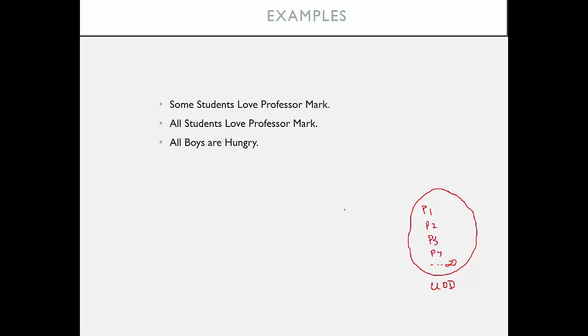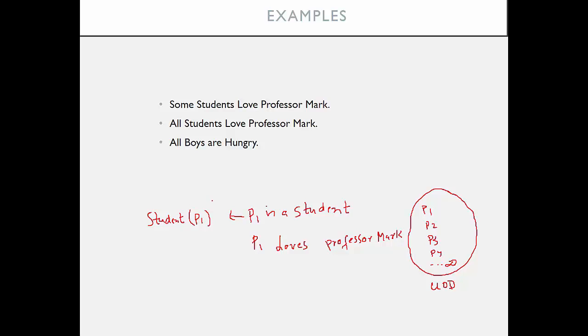P1 is a student. And how would we represent P1 loves Professor Mark? Let's have a look at this. In order to represent P1 is a student, it's quite easy. That's how we will represent this.